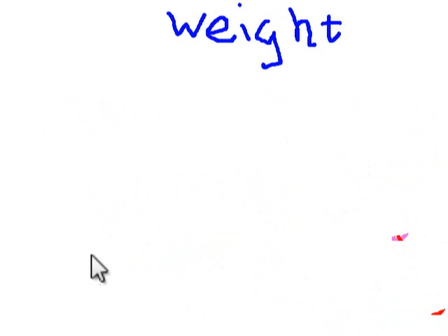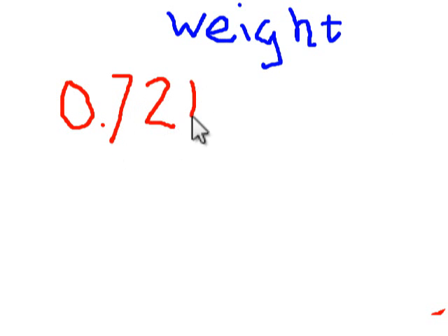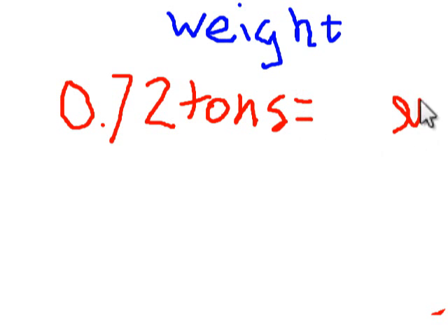Okay, and so now we're going to change tons. We're going to change, let's say, 0.72 tons into pounds. You want to know how many pounds it equals.